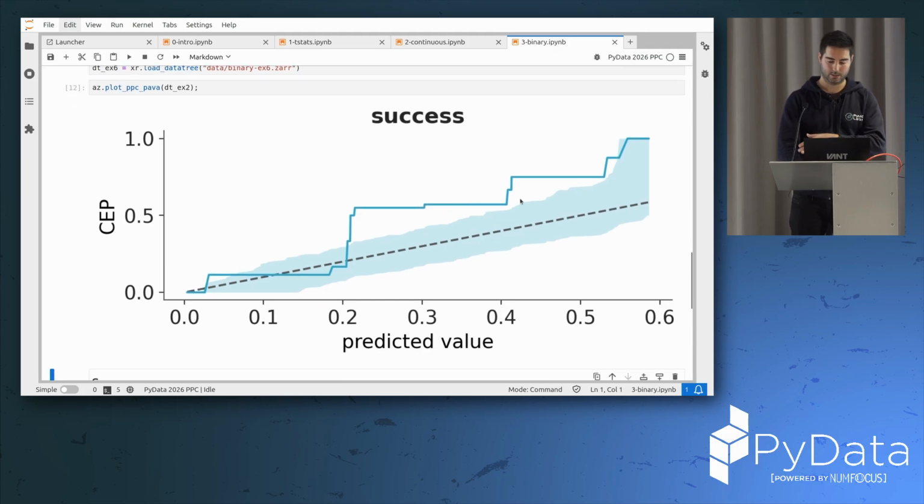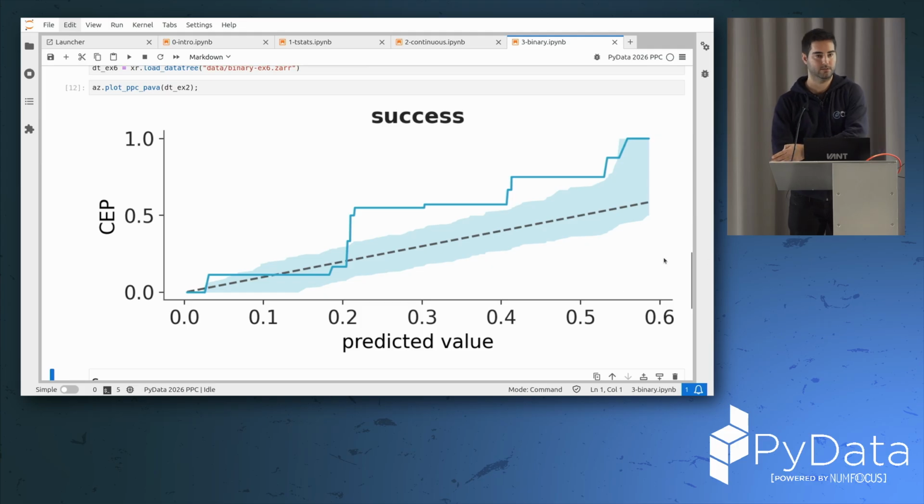Something that is also relevant is this now finishes at 0.6, not at 1. This is because this model is under predicting so heavily that the highest probability of conversion that it actually spits out is 0.6.